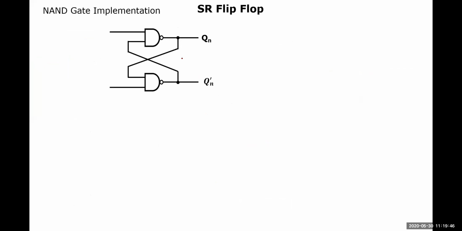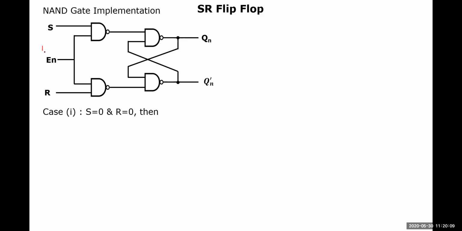So the SR flip-flop: this is actually the latch, and this latch is further connected with two more NAND gates. One NAND gate must be connected with S, and the second NAND gate will be connected with R, and the second input of these two NAND gates is enable. Enable in the sense this is the electricity.